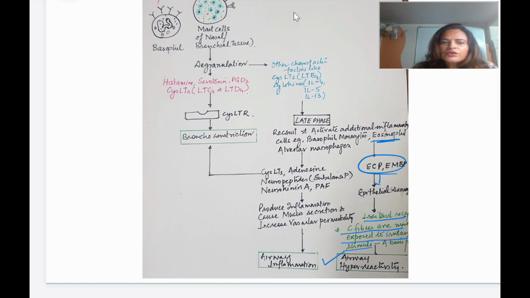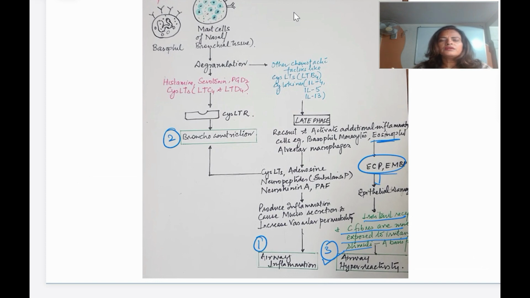The corticosteroids are anti-inflammatory, they inhibit bronchoconstriction, and they also take care of the airway hyperresponsiveness. So corticosteroids give a complete and sustained symptomatic response in bronchial asthma patients. That's why they are the mainstay of treatment in most patients.